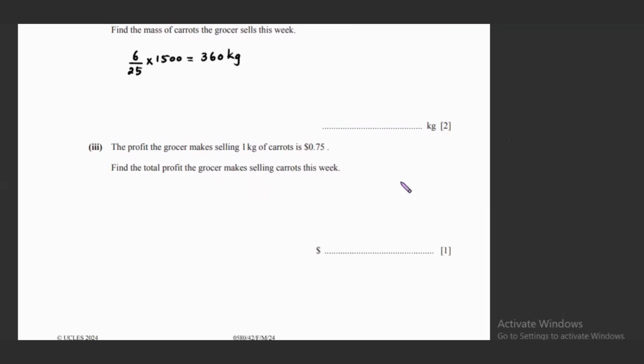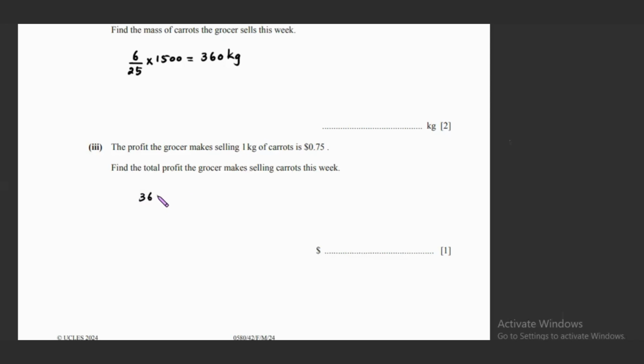Part 3. The profit the grocer makes selling 1 kilogram of carrots is $0.75. So that is 75 cents. Find the total profit the grocer makes selling carrots this week. We already know from the previous question the amount of carrots sold, which means if each kilogram is equal to $0.75, we need to times this 360 by 0.75 to find the total profit made, because this is the profit for 1 kilogram.